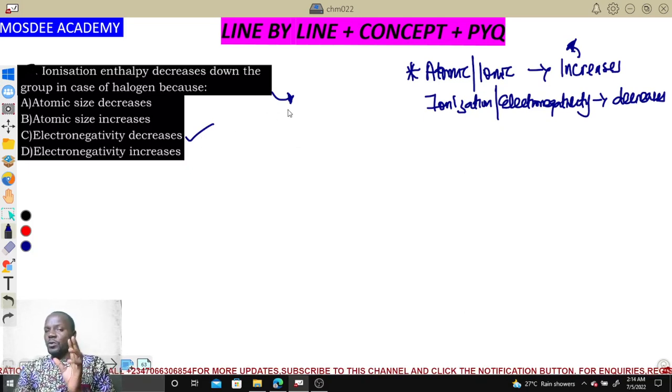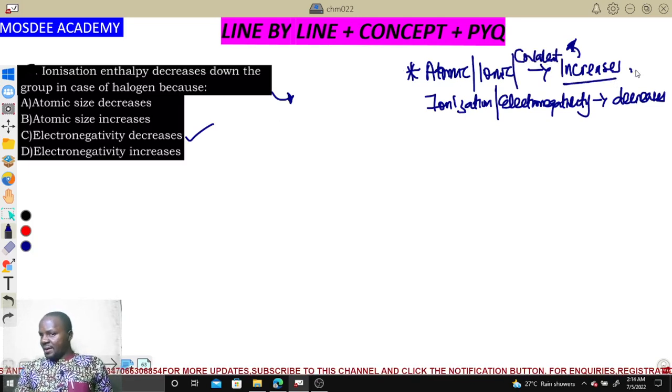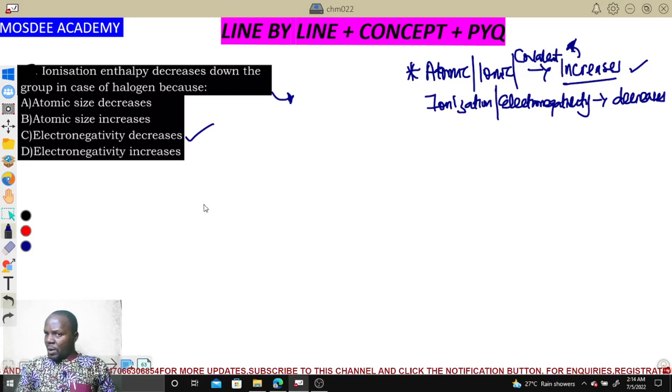So what I'm teaching so far is that fluorine has the highest electronegativity, followed by chlorine, followed by the next one, and the next one. The same thing applies to ionization energy. But when it comes to atomic size, ionic size, and covalent bond, you follow this: increases. So just to keep it simple and not too hard.